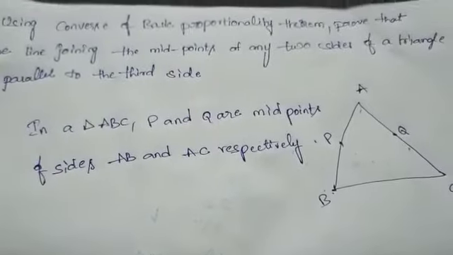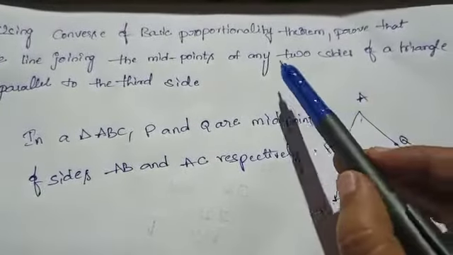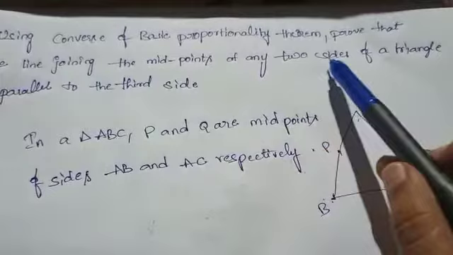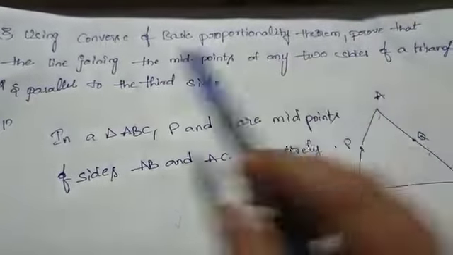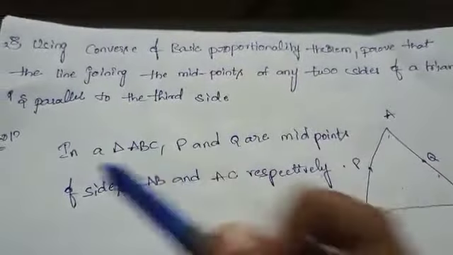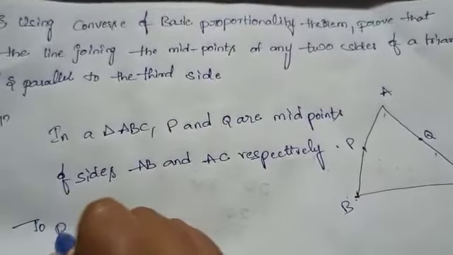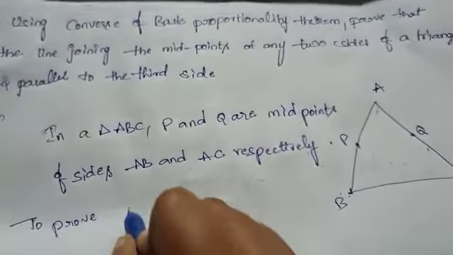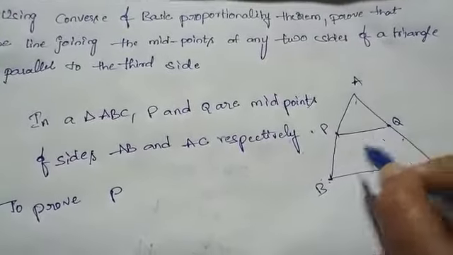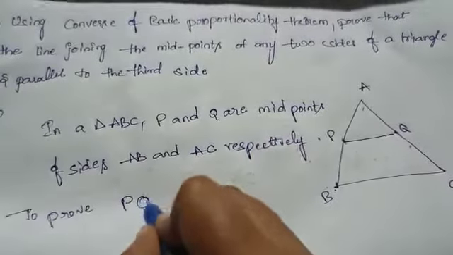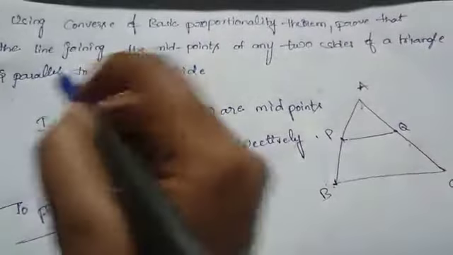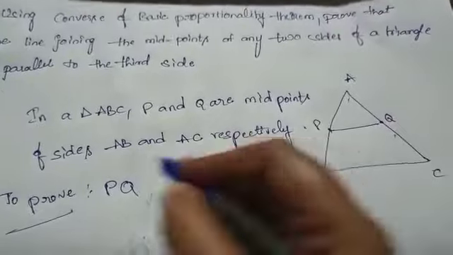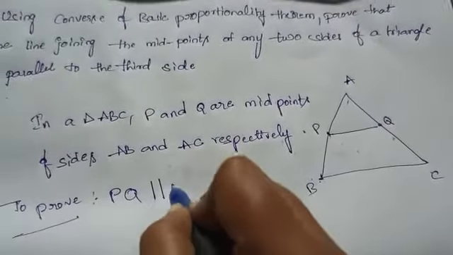To prove, the line joining midpoints of two sides of a triangle is parallel to the third side. To prove PQ line is parallel to BC. Parallel to the third side. Here the third side is BC. PQ is parallel to BC.